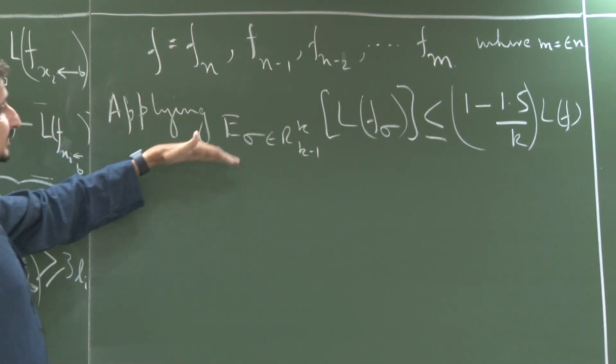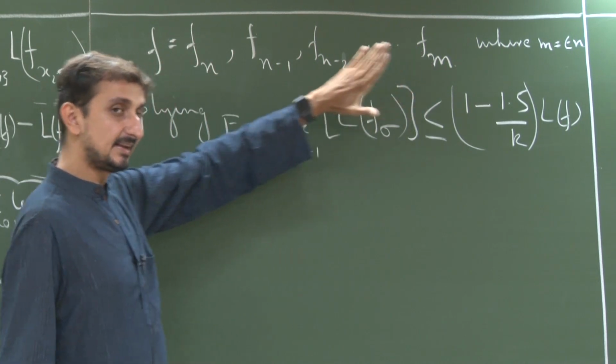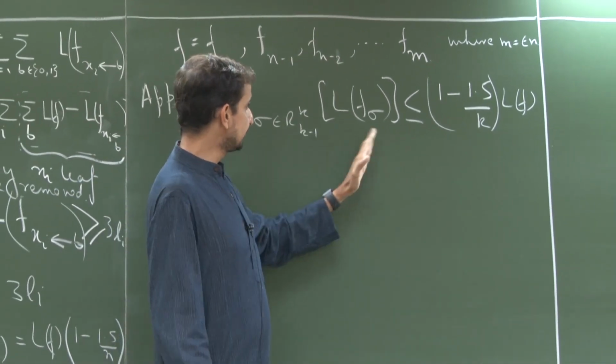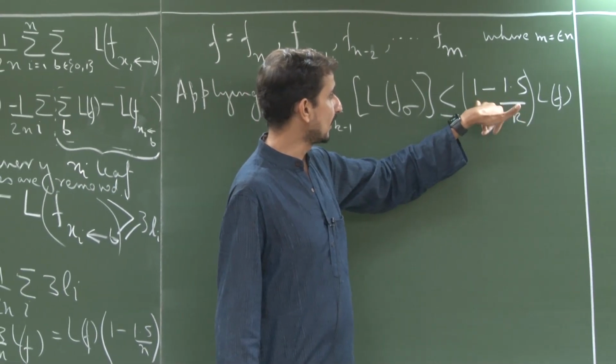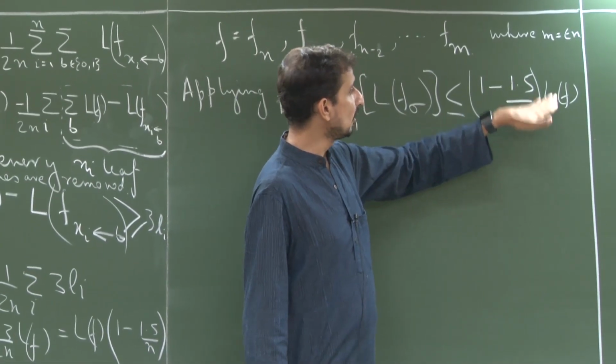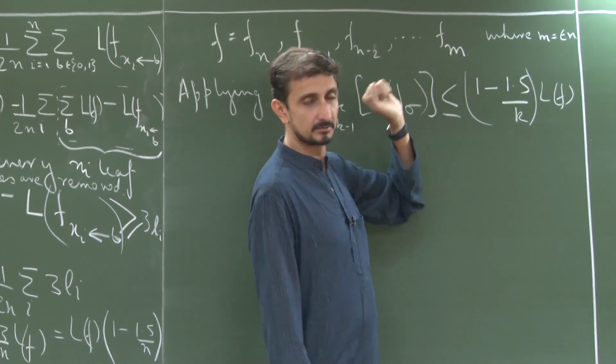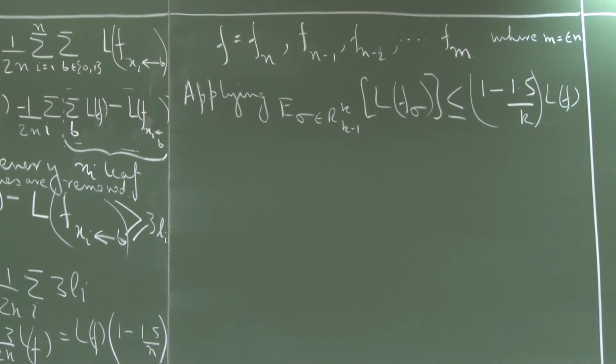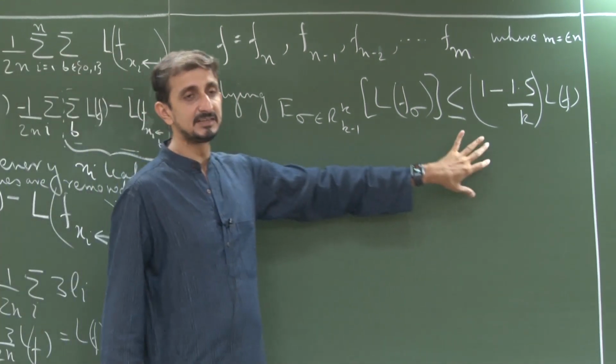So, if I keep on doing this again and again, I will get 1 minus 1.5 by k whole to the power whatever epsilon n, and that would give me a way to obtain this theorem. But there is one problem in this application.